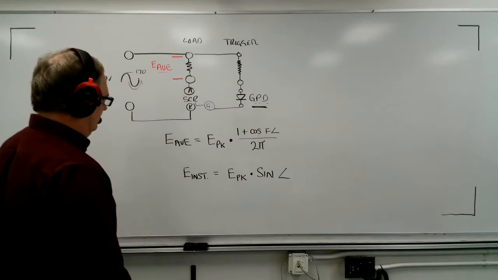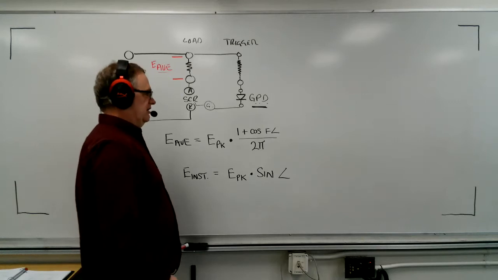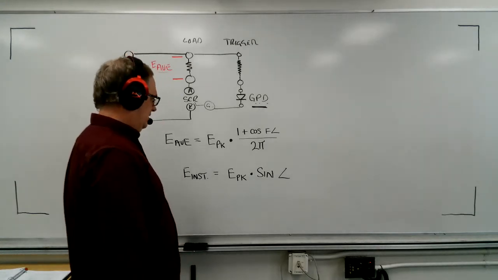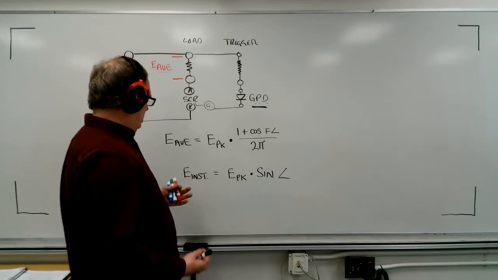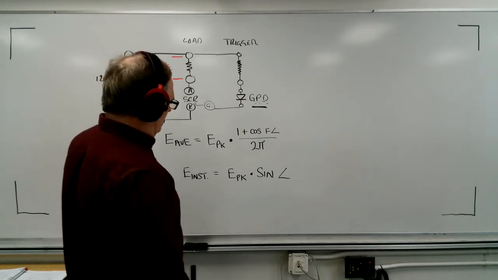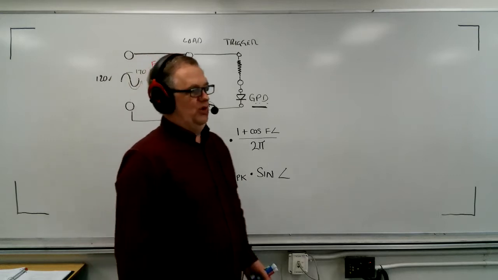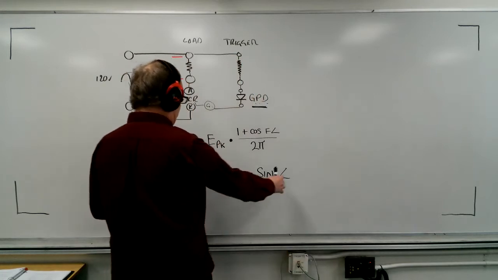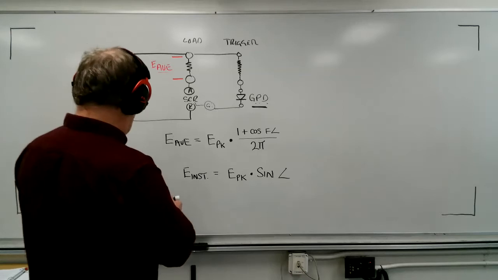If you're looking for the instantaneous value of voltage at 30 degrees, you'll find that the sine at that point is 0.5, or 50%. At 60 degrees, the sine is 0.866, or 86.6%. That's how we find our instantaneous values. Those are important to note.